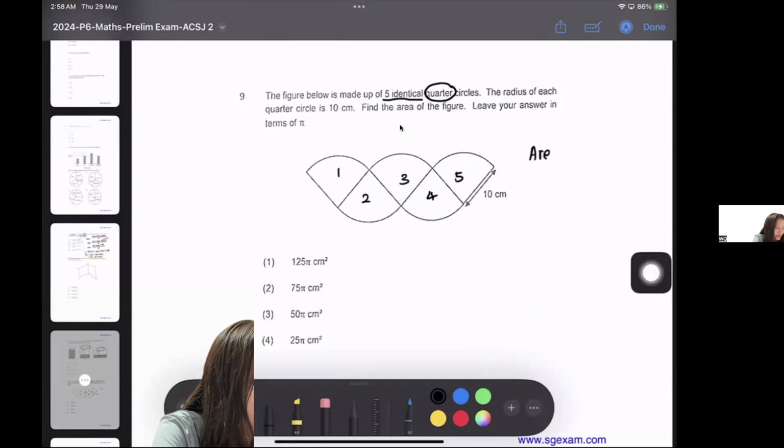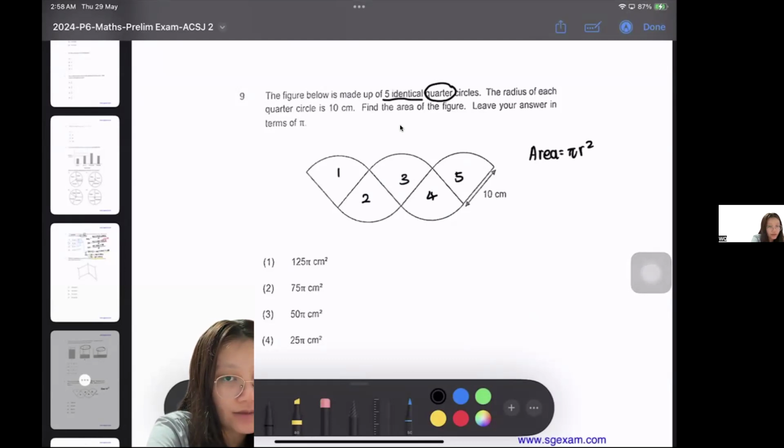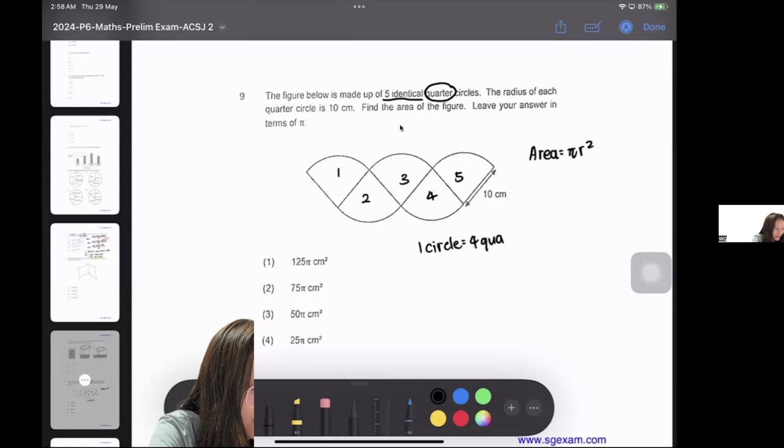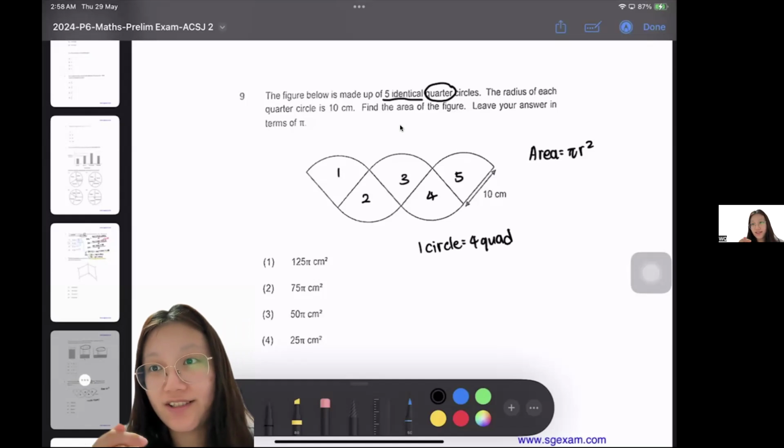Area equals pi r squared. That is for one circle. Is there one circle here? Yes, because one circle is made of 4 quadrants, or 4 quarter circles.